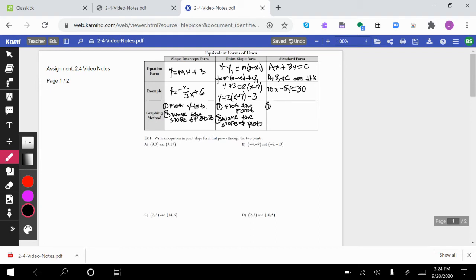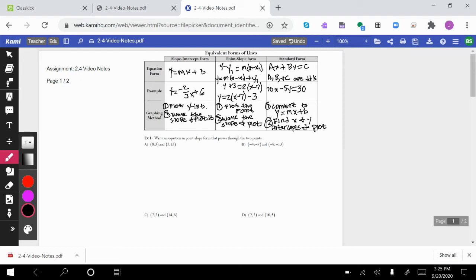One would be converting the equation to y equals mx plus b, or you can find your x and y intercepts and plot.